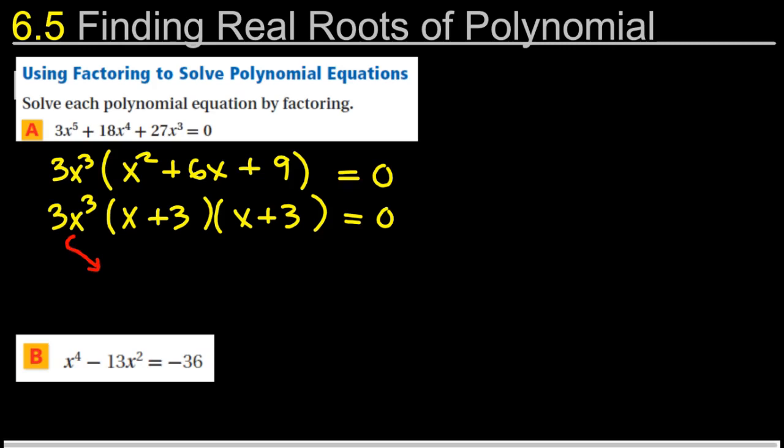We don't put parentheses around this typically, but some people just like having them. So what makes that factor 0? 3x cubed, that would be 0. So x equals 0 is a solution. And then what makes x plus 3 0? They're the same factor, actually, it would be negative 3. Good. So a couple different solutions there.